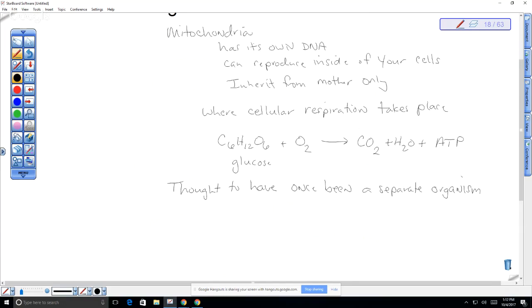This is called, the term or the hypothesis is called the endosymbiotic... actually, I think it's a theory of the origin of eukaryotic cells.